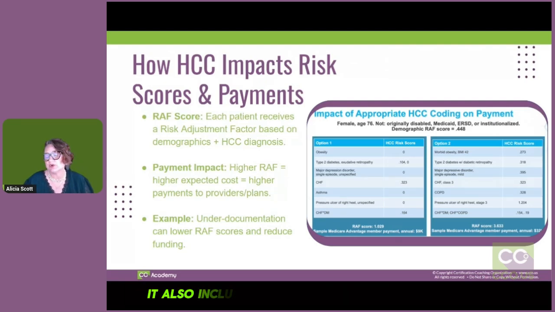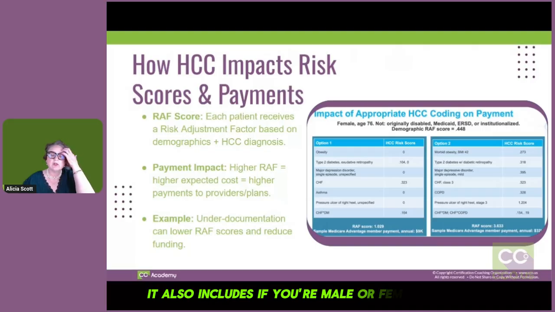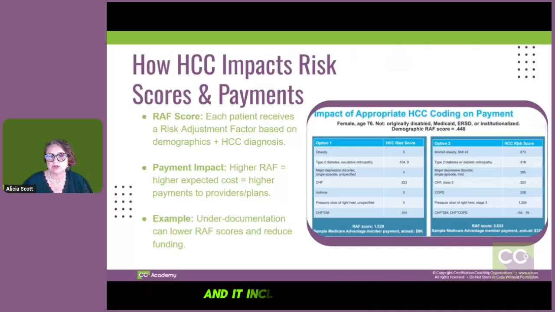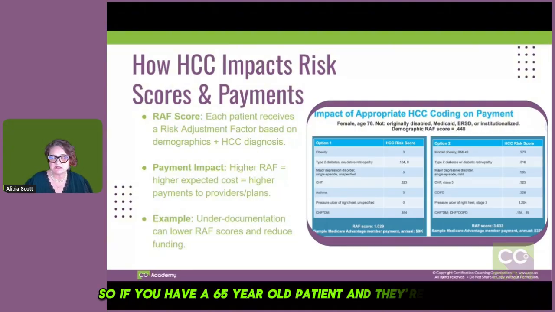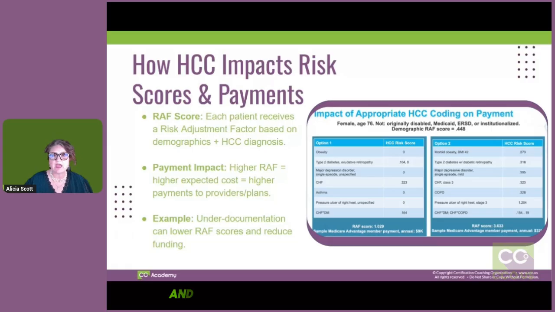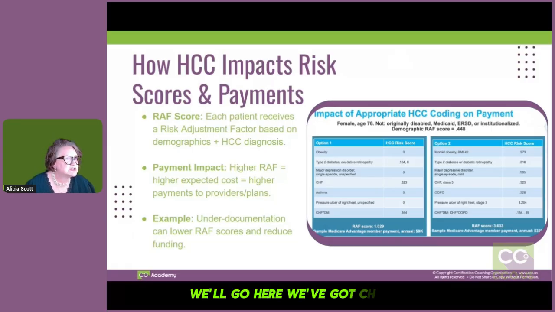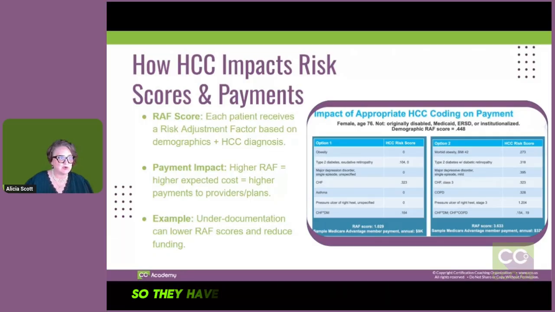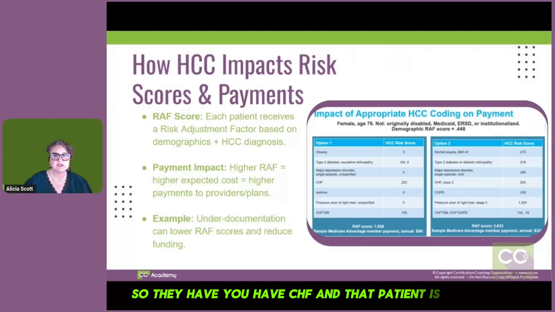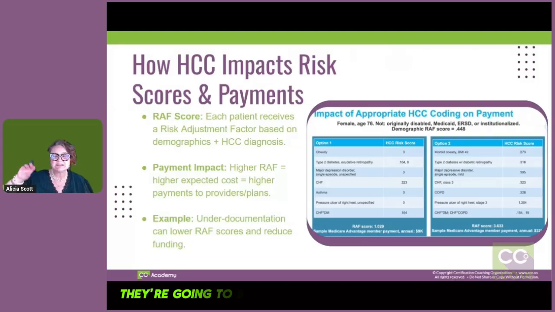It also includes if you're male or female, and it includes your age. So if you have a 65-year-old patient and they're female, and we'll just keep going, we've got CHF. So you have CHF. And for that patient they're going to set aside an X amount of money to take care of that patient for the coming year.